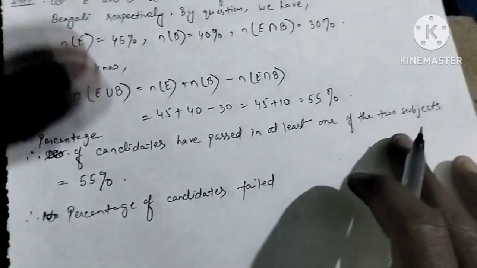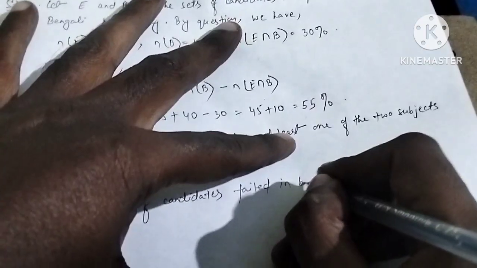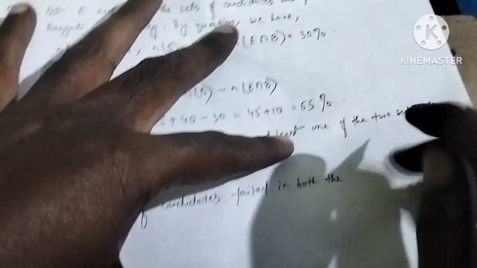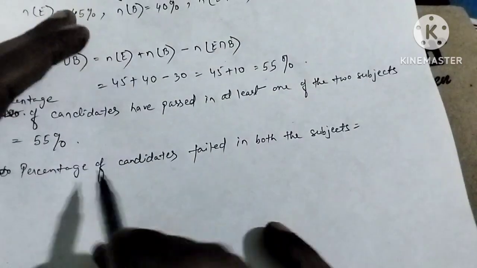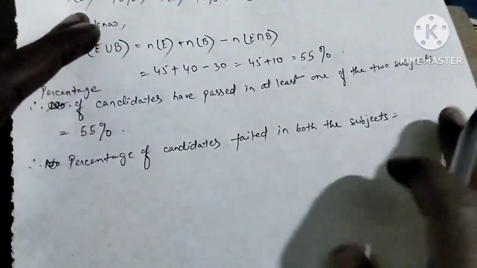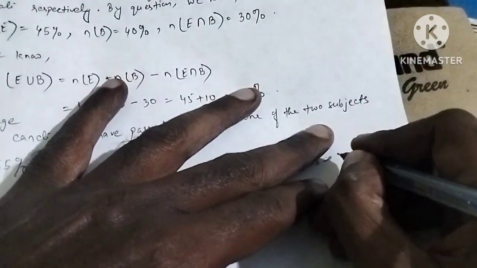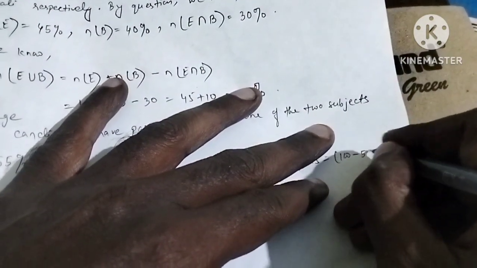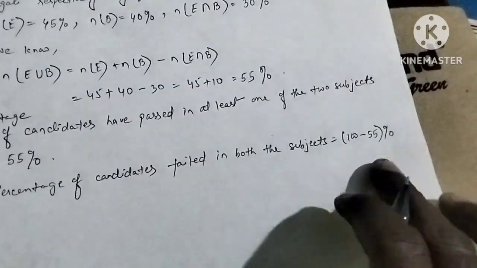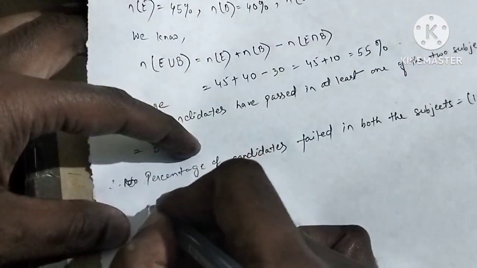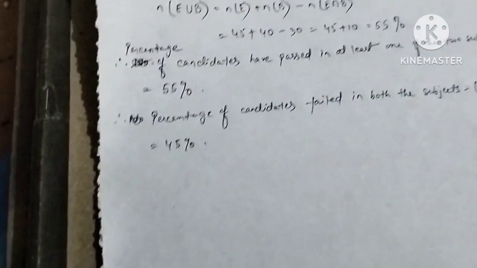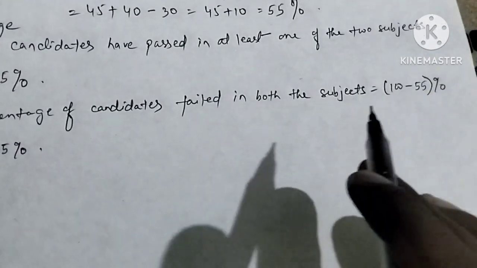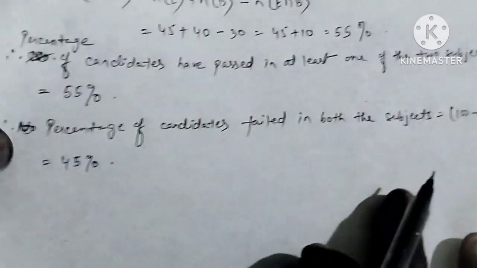Therefore the percentage of candidates failed in both the subjects is 100 minus 55%, which is equal to 45%.